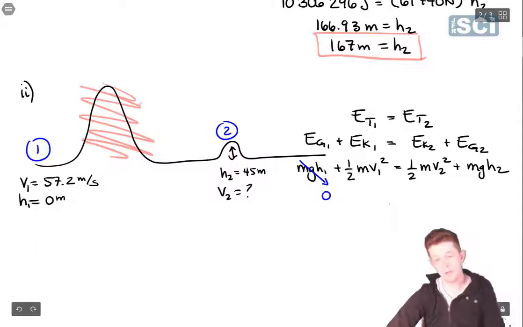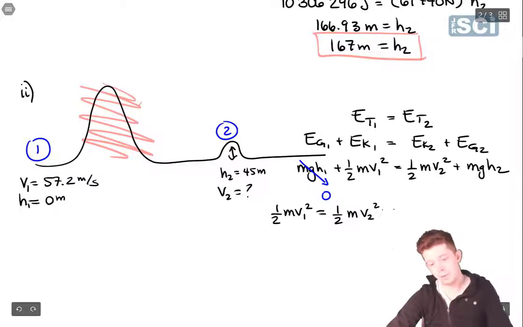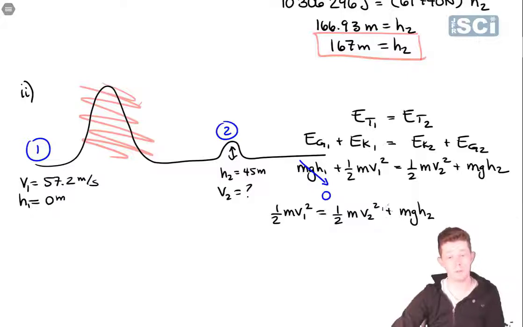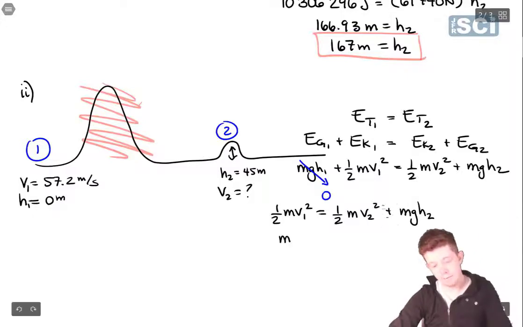So in this situation, I have 1/2 the mass multiplied by v1 squared is equal to 1/2 the mass times v2 squared plus mgh2. Let's multiply every term by 2, which means I get mv1 squared is equal to mv2 squared plus 2mgh2.